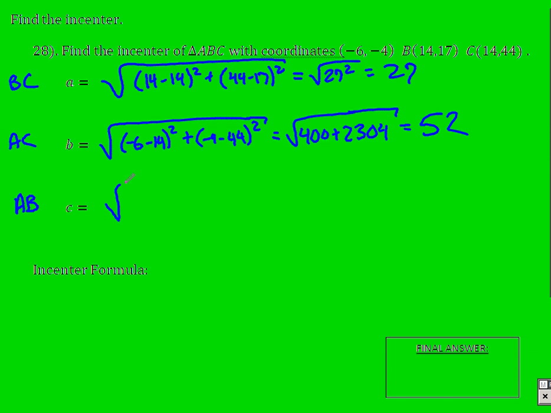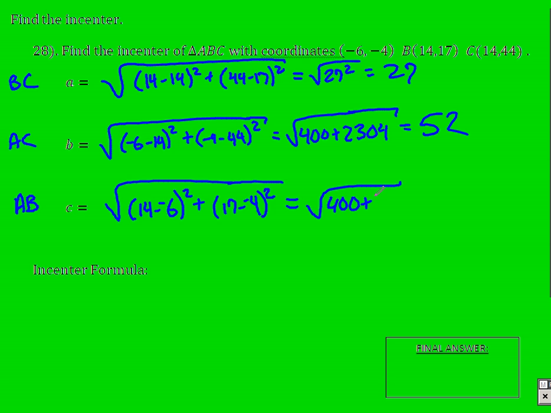And then side C, same thing. I'm going to do 14 minus a negative 6 squared. That'll become 20 squared. And then the second part is 17 minus negative 4 squared. That should become 21 squared. So I should have 400 plus 21 squared, which is 441. The square root of that, of 841, is 29.